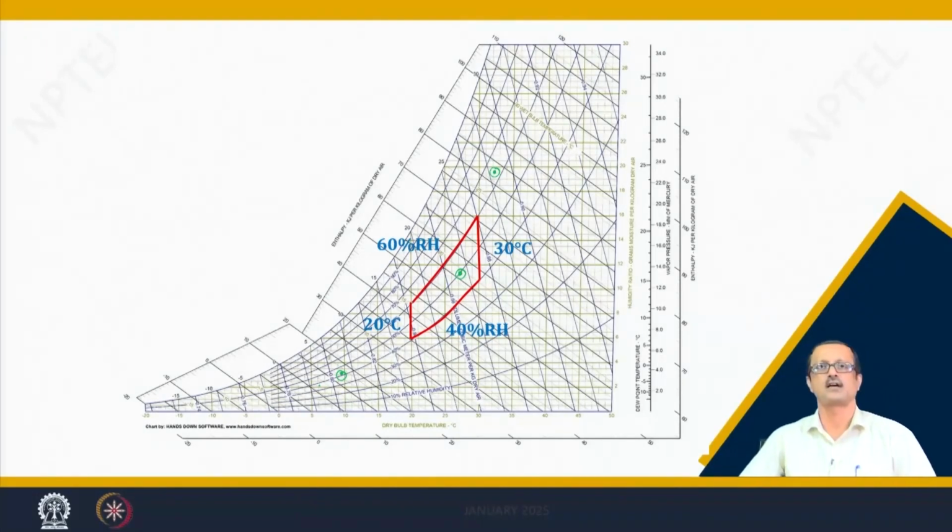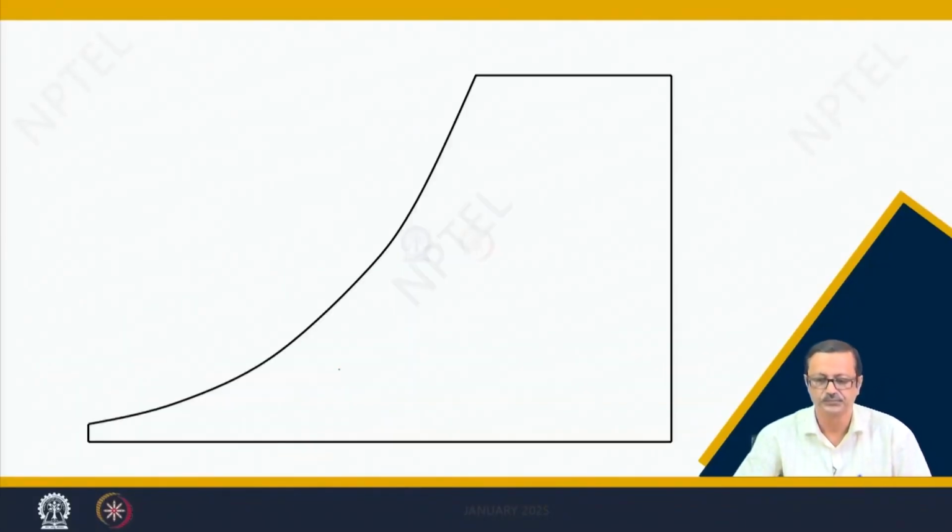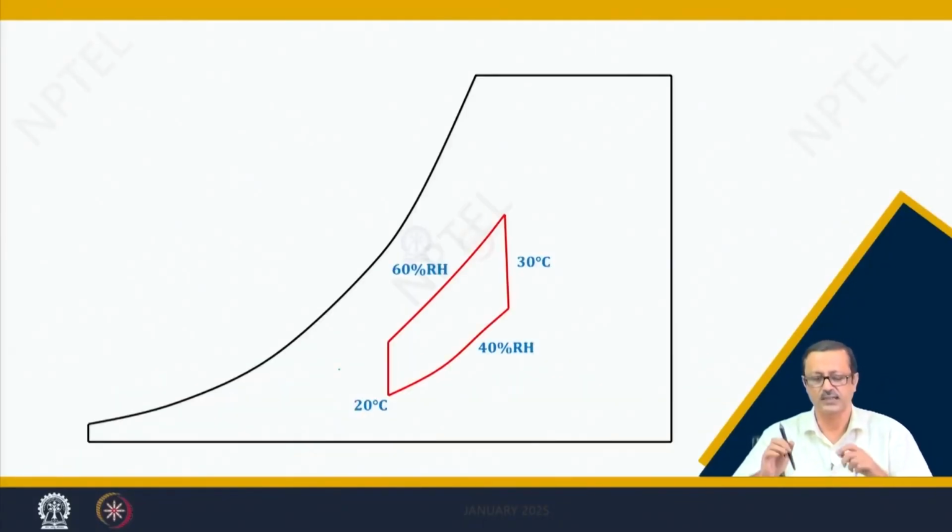Those points are not going to be considered thermal comfort conditions. So, let us go to the psychrometric chart, and suppose this is that particular boundary: 60% RH to 40% RH, and 20 degree centigrade dry bulb temperature to 30 degree.